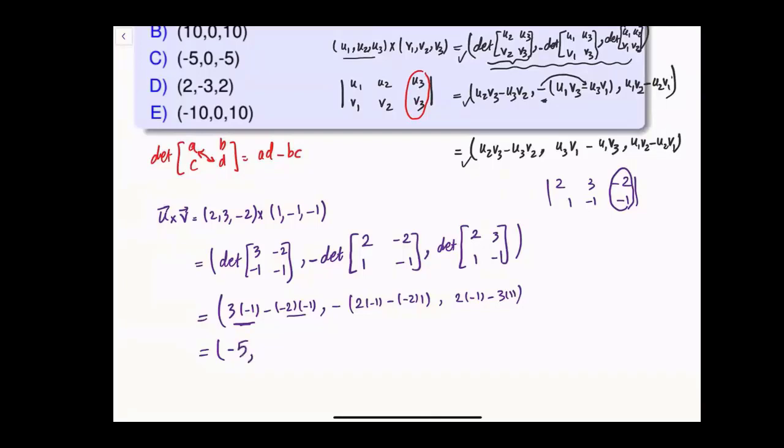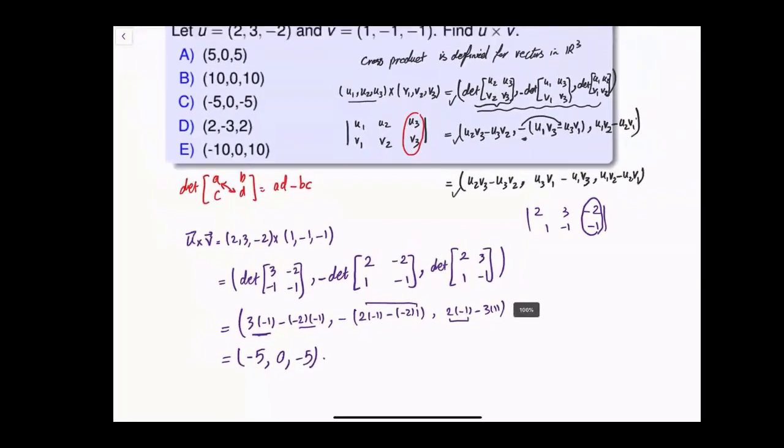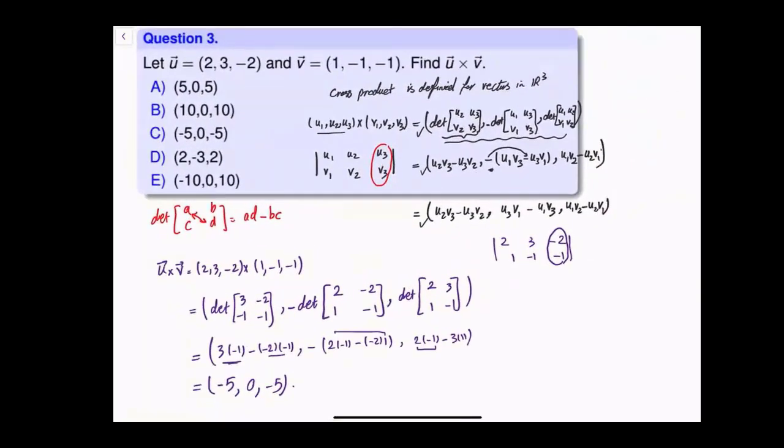This is negative 2 minus negative 2. This is 0, so negative 0 is 0. And here I have negative 2 minus 3. This will give me negative 5. And that is the vector we were looking for. C is the answer.